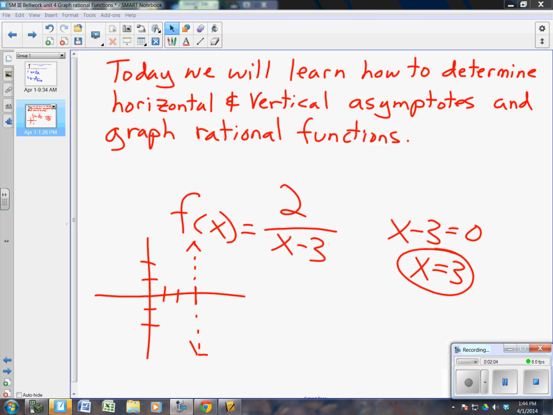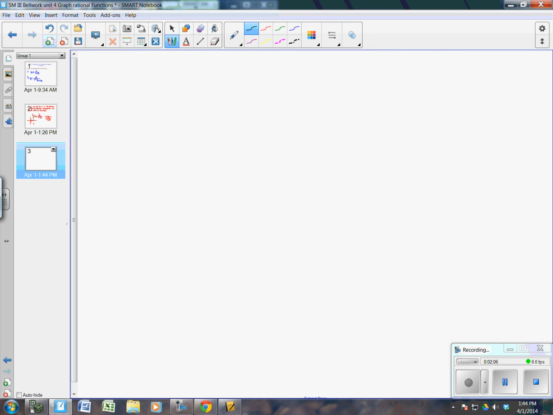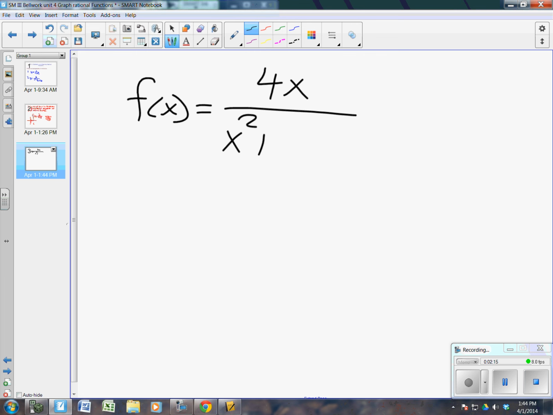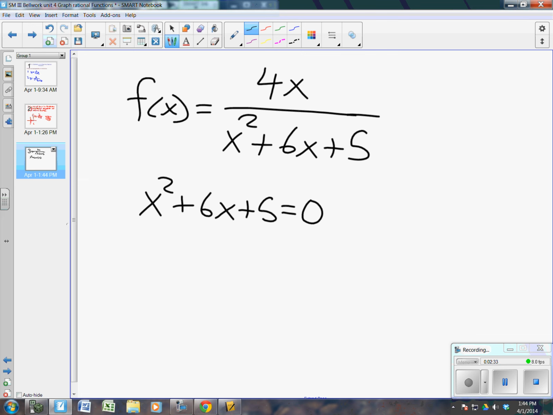Now, today I gave you a problem that was quadratic. Okay? Let's say I had something like 4x over x squared plus 6x plus 5. Let's say I asked you to find the vertical asymptotes of that one. We can do this one by factoring.